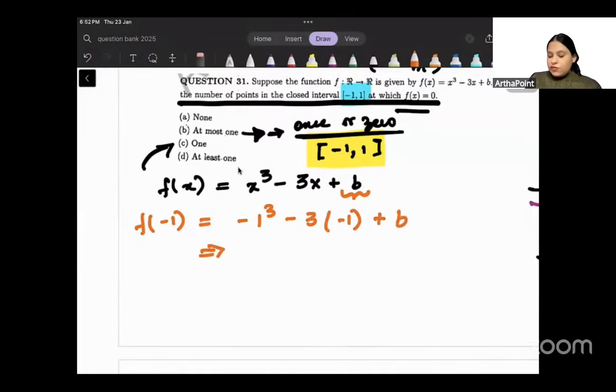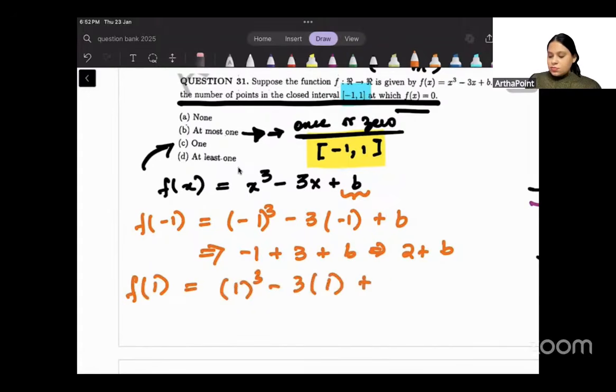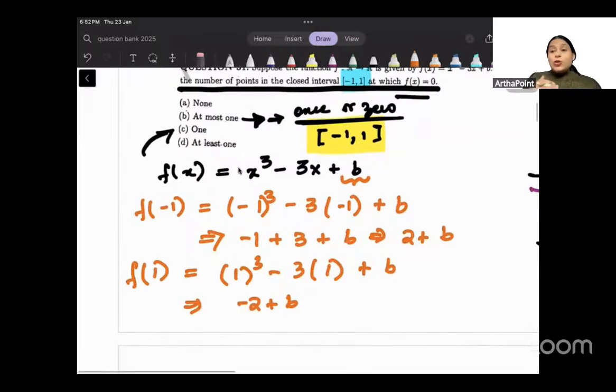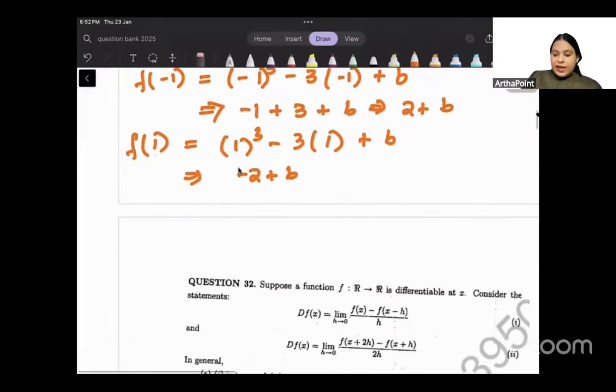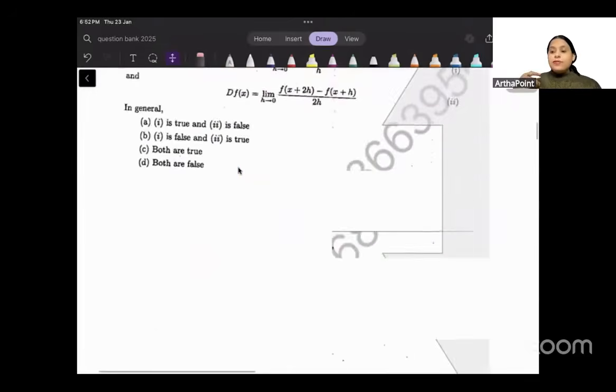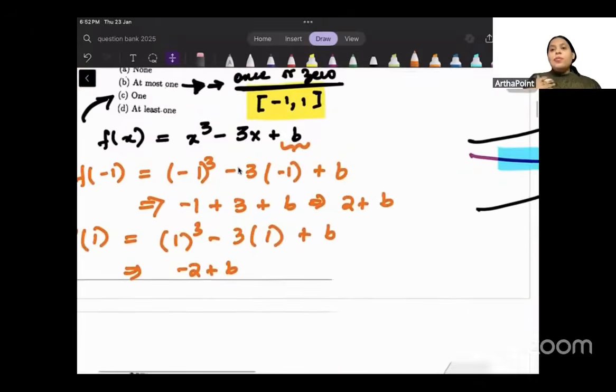So you would have got some value here, and then when x is 1. For now, I don't know what will happen, right? But if some b had been given to me, I would have commented further.